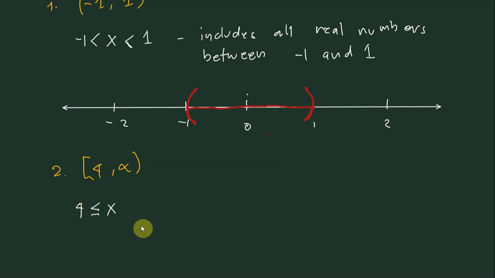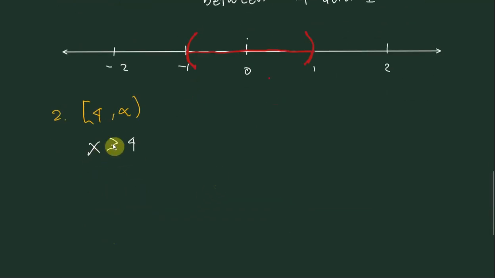Basically that's it, because it goes all the way to positive infinity here. So we can restate this too. Let's just say x is greater than or equal to 4.